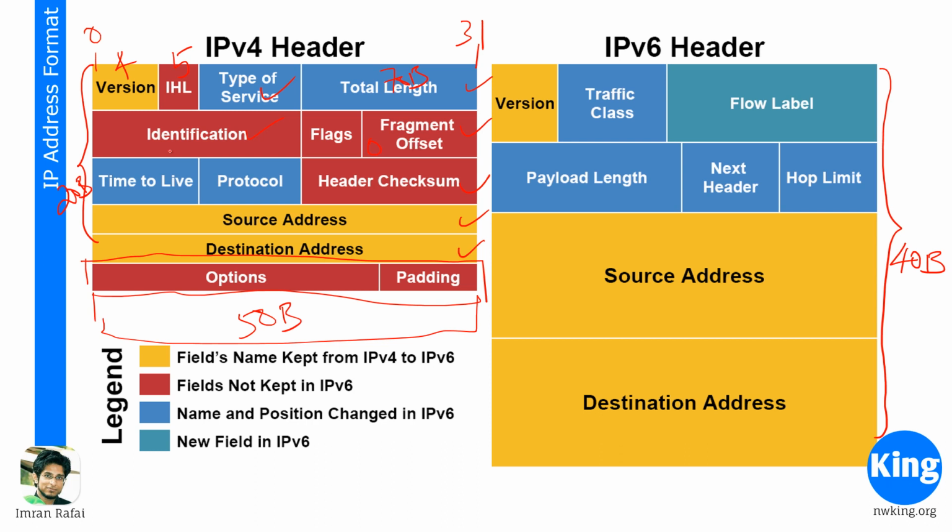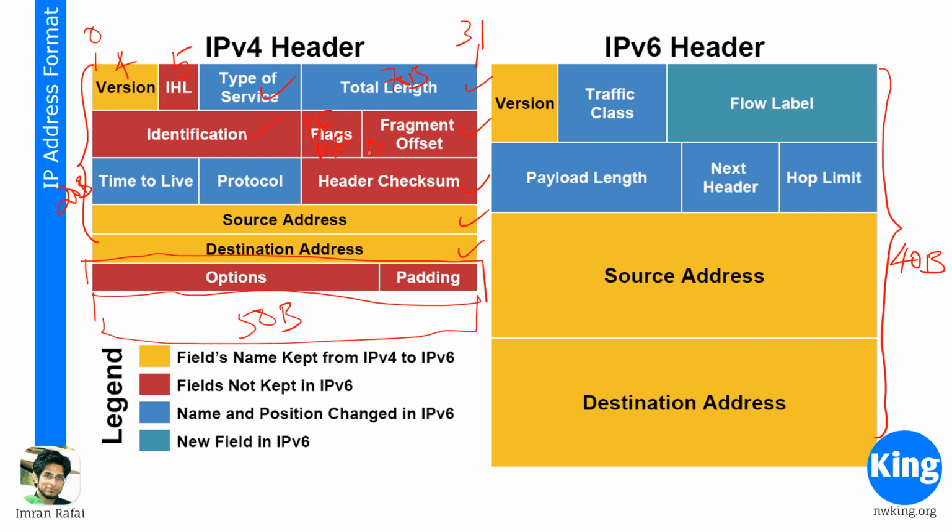Now flags will tell if it is a fragment. If you don't want your data to be fragmented, there is a DF flag, which is do not fragment. You can set that, and then that data will not be fragmented. And there is also another flag which says MF, that means more fragments. So if one IP packet is broken into 5, the first, second, third and fourth will have MF set to 1.